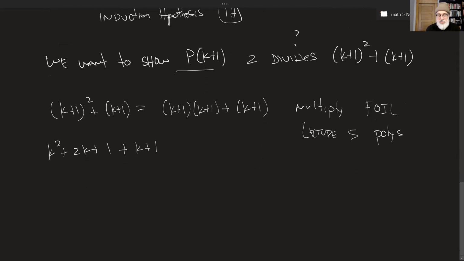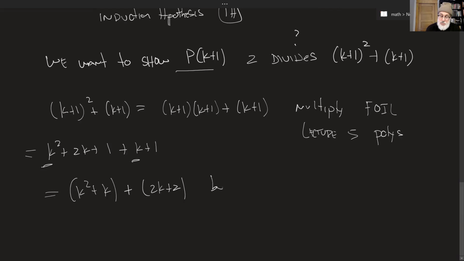So what I'm going to do first is combine k squared plus k. I can group them this way because addition is commutative over the integers, so there's no problem with that. I'm going to add it to what remains. What remains here is 2k plus 2.